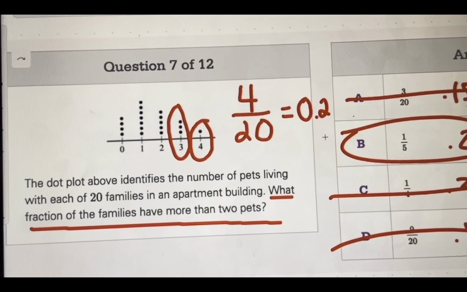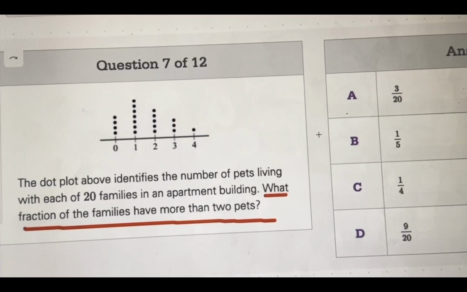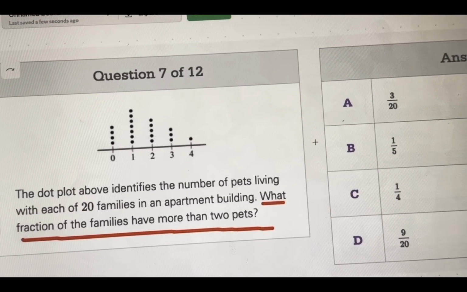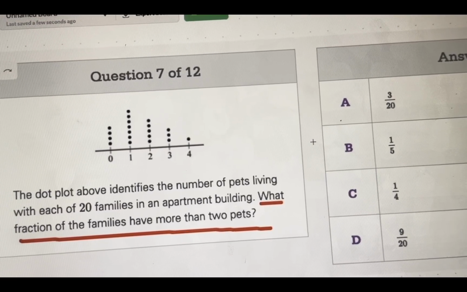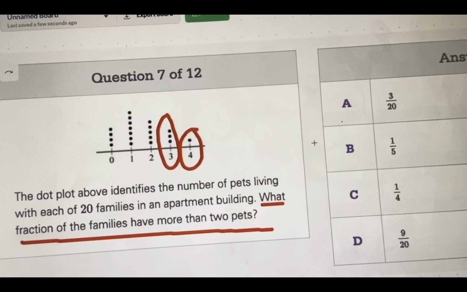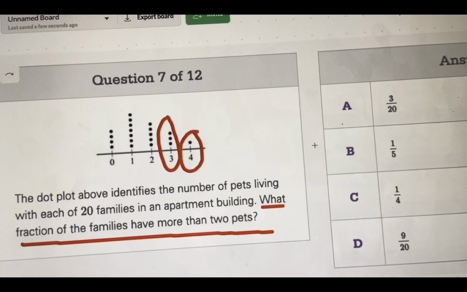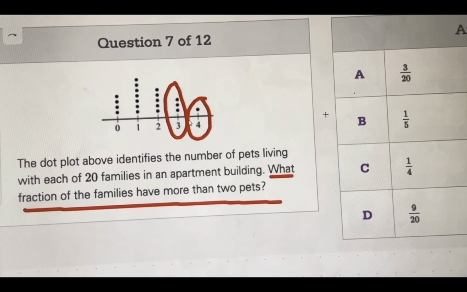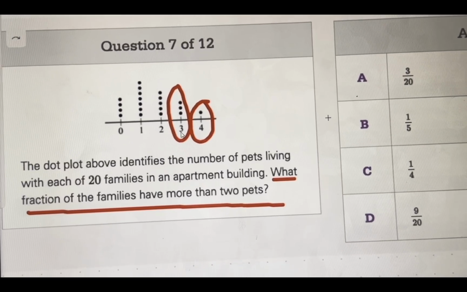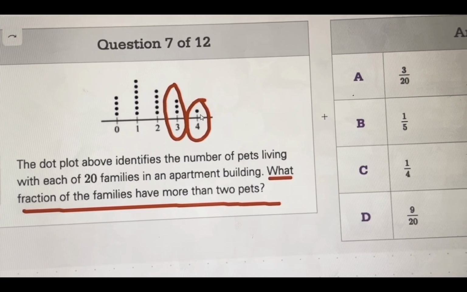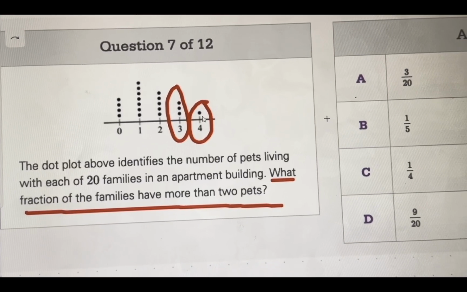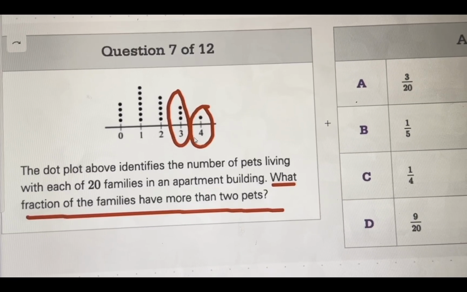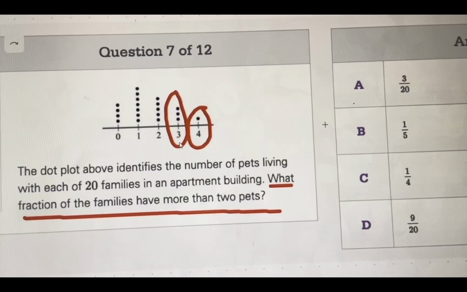Well, how many have more than 2? Did you tell me that? One family. Where are you getting that number from? So I would say 4 families have more than 2 pets. Does that make sense? Yes or no? The 3 plus 1? Yeah, it's just 3 plus 1. So we've got 4 of the families that have more than 2 pets.